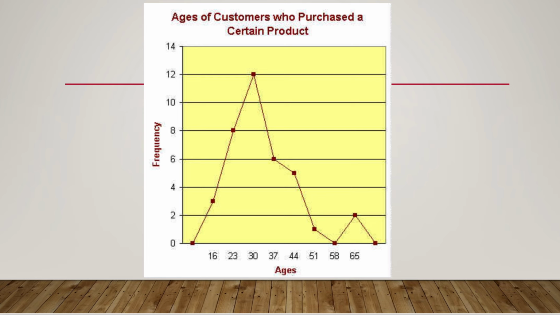So we have to estimate a little bit. 25 is going to fall somewhere between 23 and 30, so I'm going to place a mark right there. That's about my 25. And my 55 is going to be somewhere between 51 and 58.